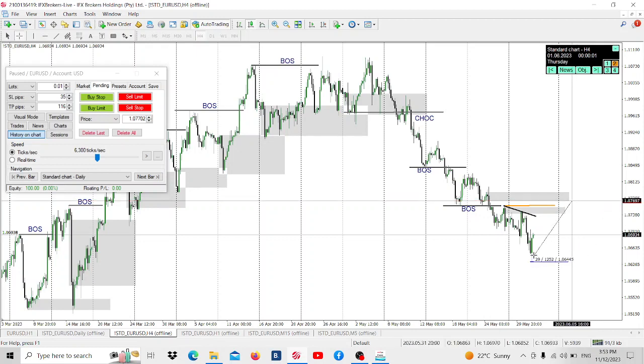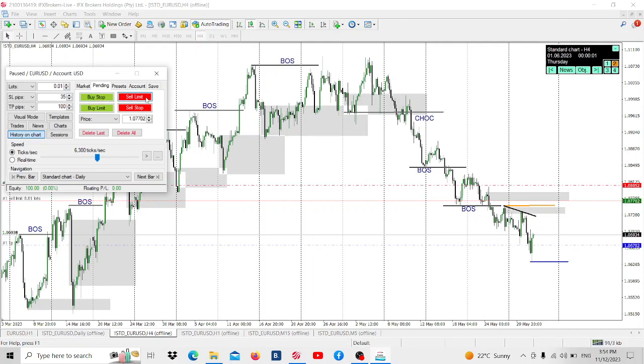My target will be just taking out this low, 130 pips. So my target, I'll be 100 pips. Selling at a limit, having a limit order.